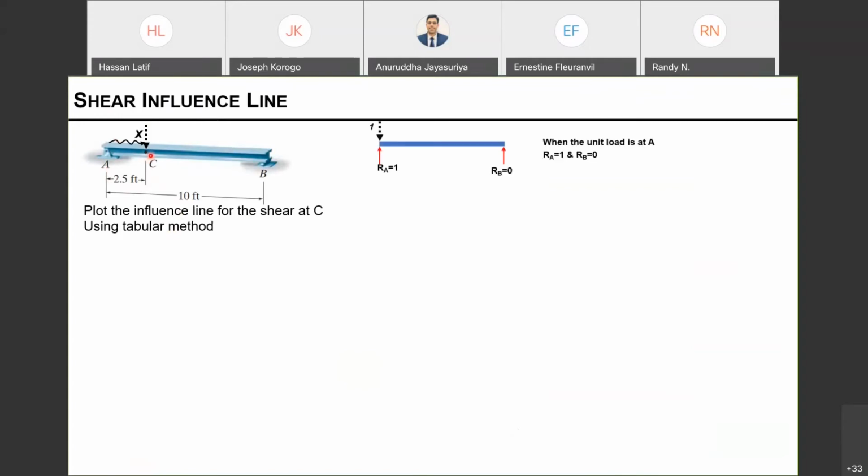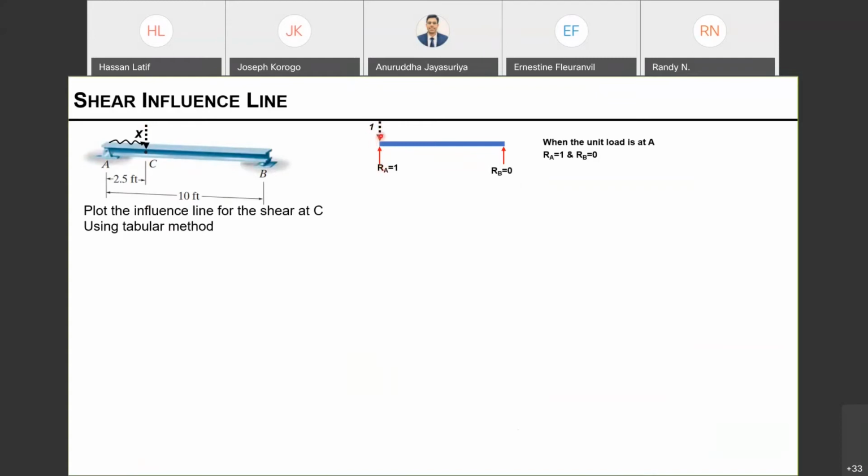Let's look at this. This is the same AB simply supported beam, okay? So I place my load on top of A. If I put my unit load on top of A, my reaction is going to be 1, because the unit load is 1, and over here this reaction is 0.